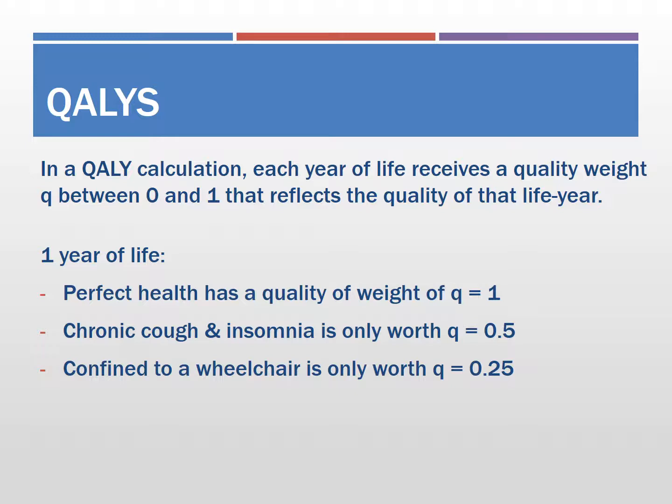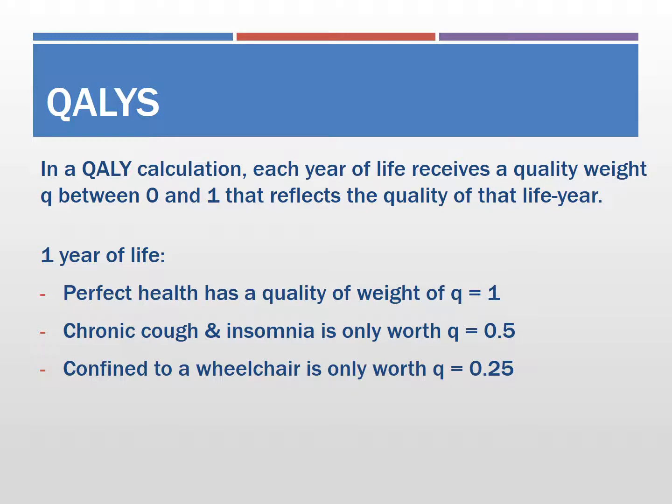On the other hand, if someone lives that year suffering a chronic cough or insomnia, this uncomfortable condition may reduce the quality of life. In this case, Q reduces from 1 to 0.5, so that person has a quality of 0.5 instead of 1 as a person in perfect health.